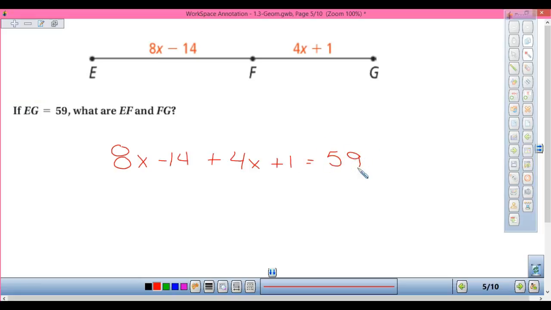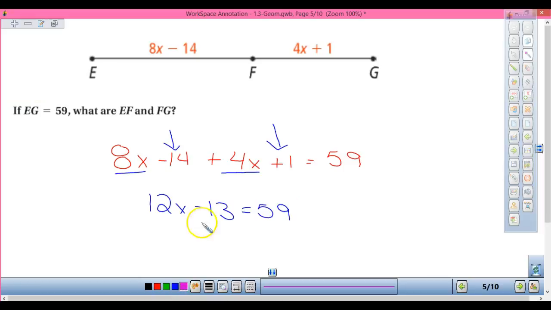What do I have for x's? 8x plus 4x gives me 12x, minus 13, because I've got a negative 14 plus 1. So 12x minus 13 equals 59. Now what do I have to do?